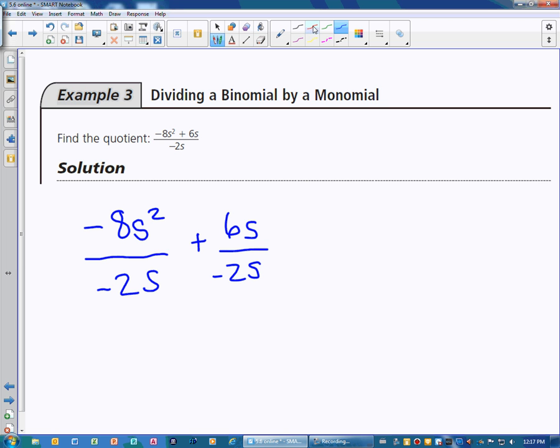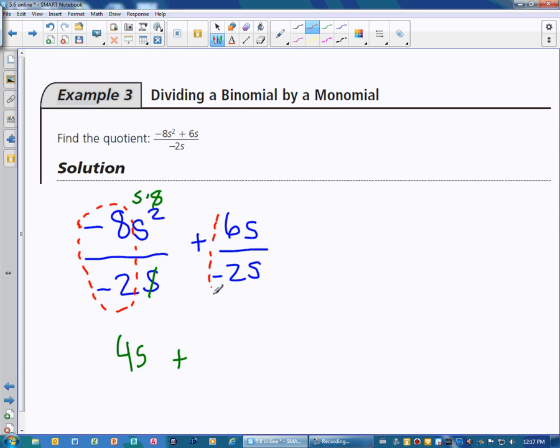So break it down into the numbers and the letters. Start with this. Negative 8 divided by negative 2. Okay, so negative 8 divided by negative 2 is 4. Here I've got two s's on the top and I only have one s on the bottom. Remember, that's kind of like s times s. You could cancel that with that, leaving an s. That plus gets transferred down.